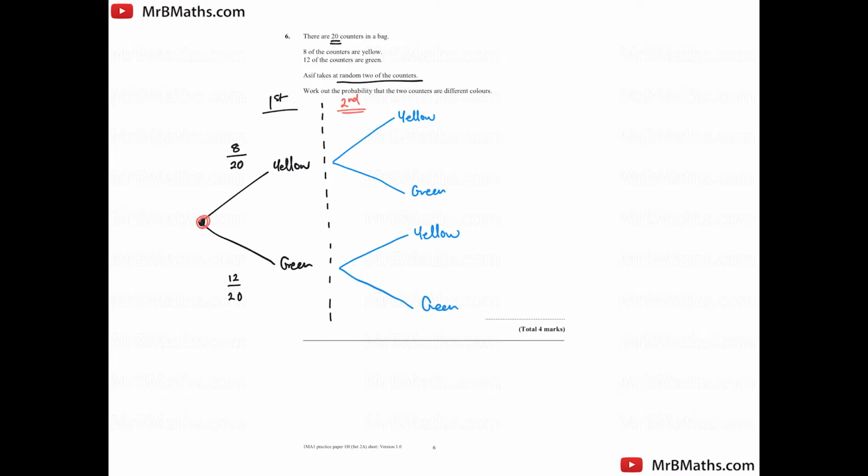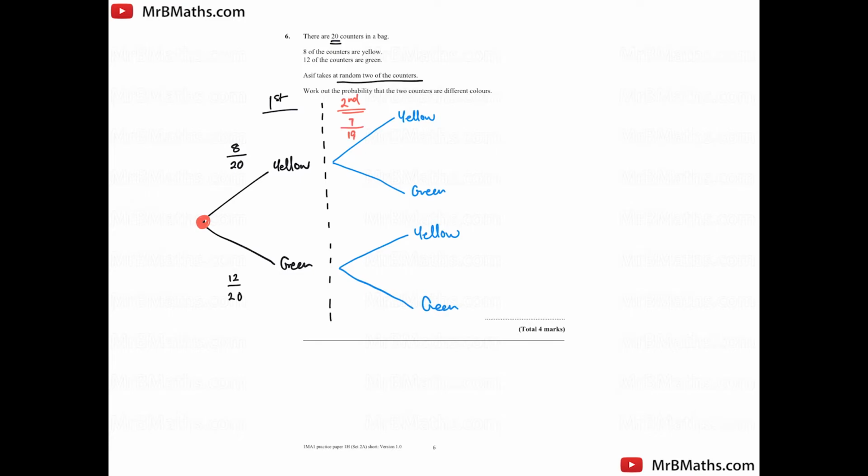So if we imagine starting through here and following a path, at this point here, 1 has been taken. So in this case, if I follow this path, a yellow has been taken. So that means that the counters now, there is now 1 less. So this fraction would become 7 out of 19.